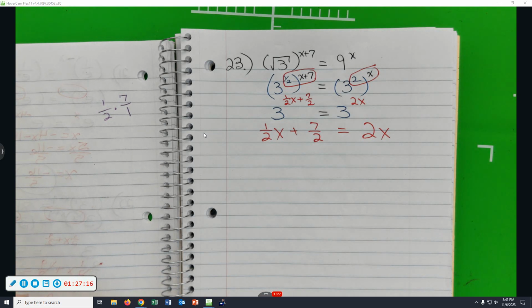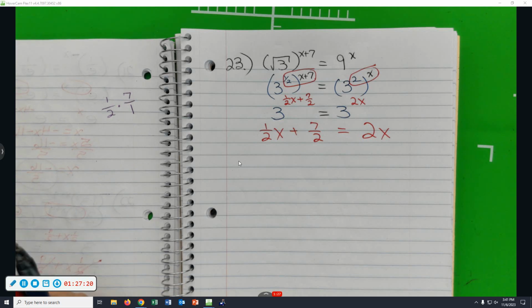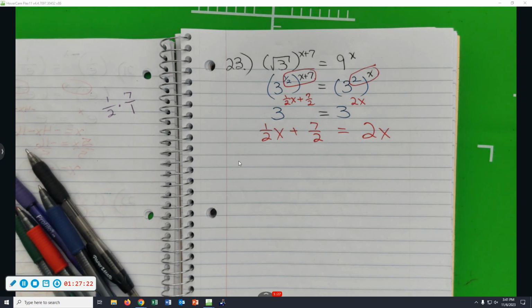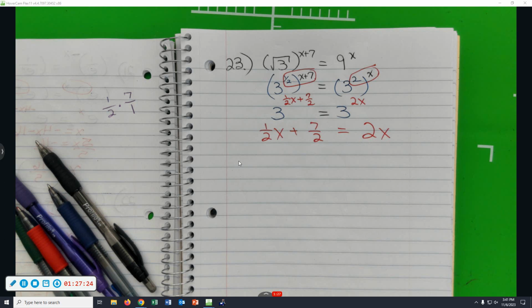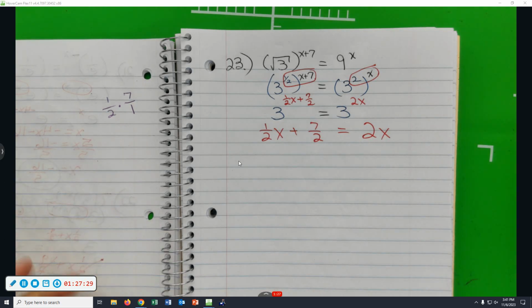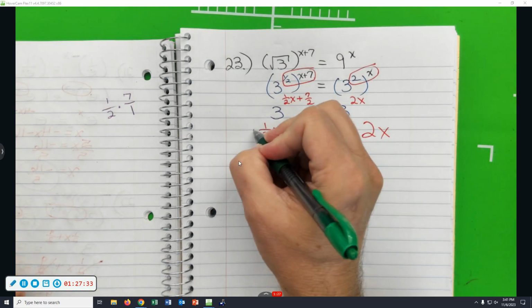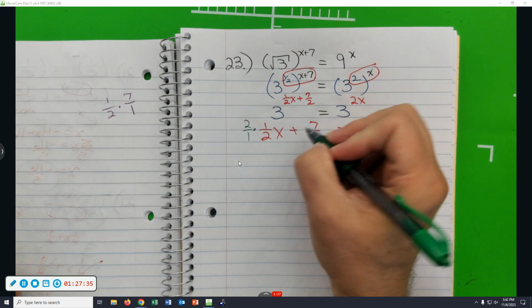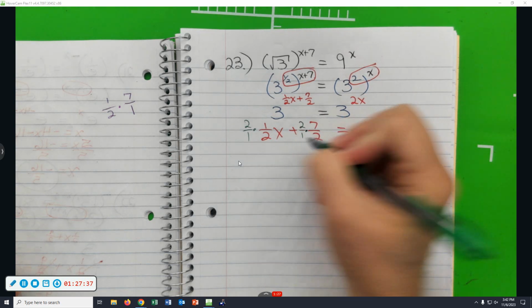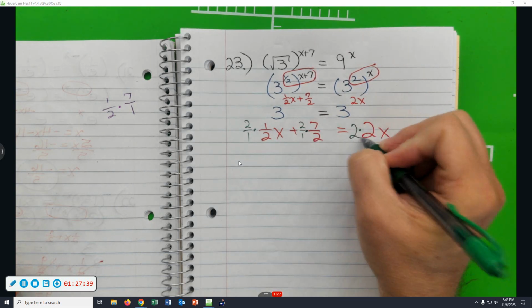What do you think I'll do next? I'll get them started. Get rid of the fraction by multiplying both sides by 2. Once again, just a 2. So we're going to multiply by 2, multiply by 2, and multiply by 2.